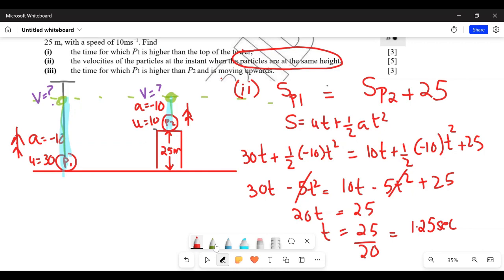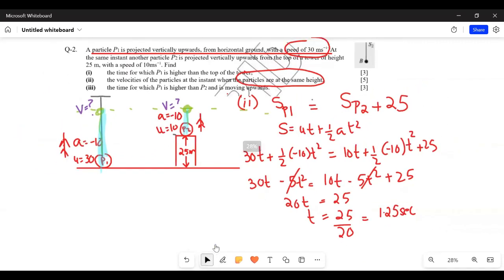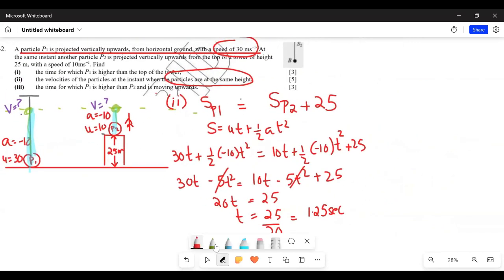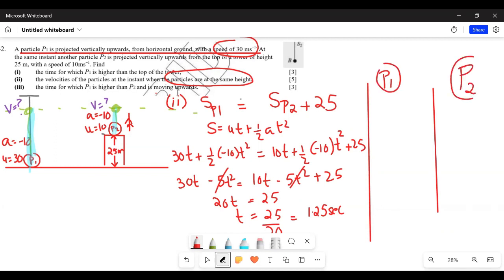And you have to find the velocities of both the particles at this instant. So what we'll do is, for both particles now, particle P1 and particle P2, we have quite a few parameters. For both of them, we know the respective u's. It's 30 for P1 and 10 for P2. Then we know the acceleration.